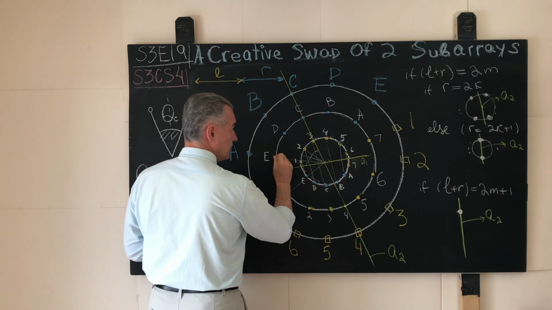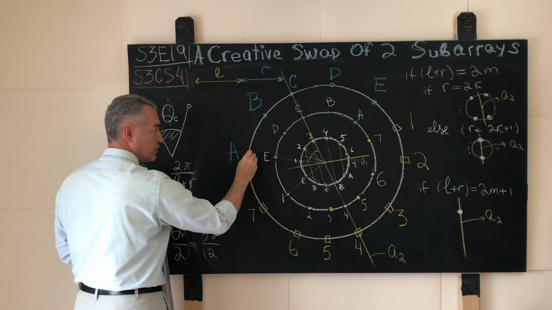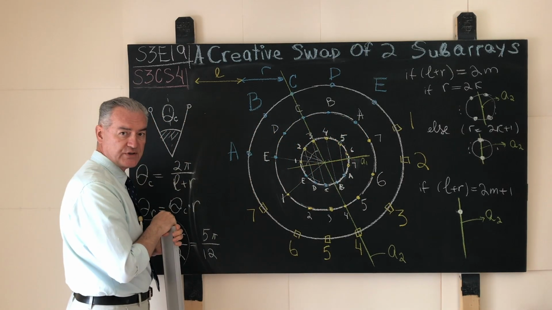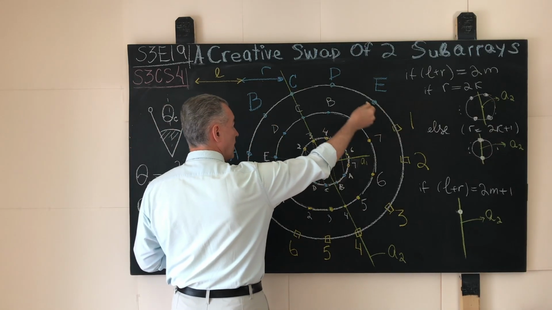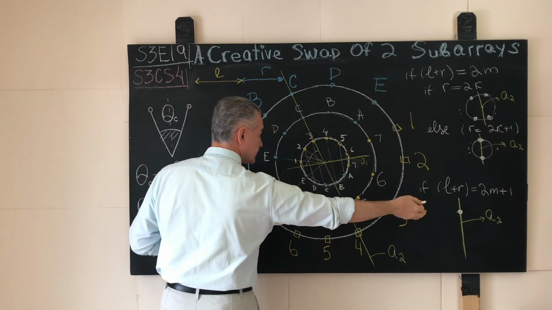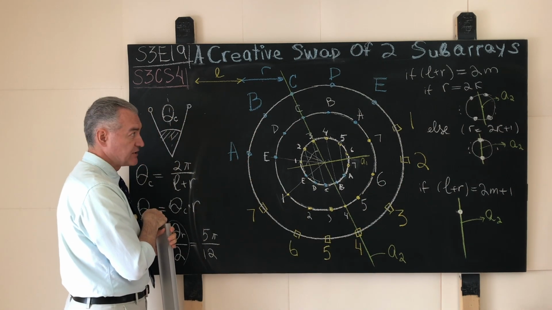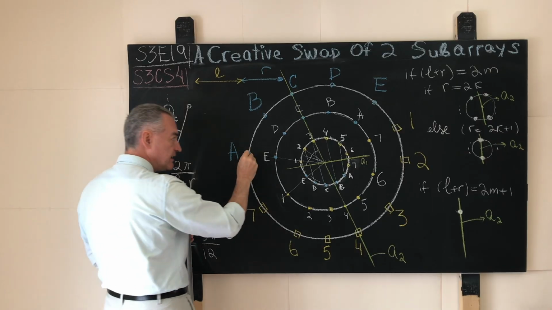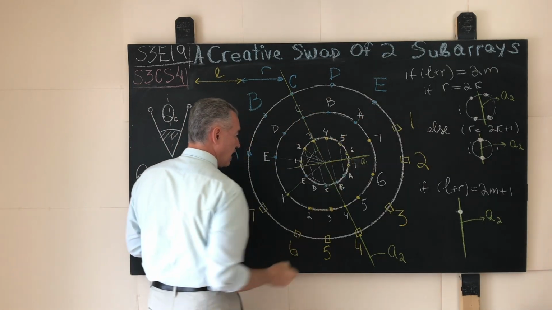So E goes into where A used to be, A goes into where E used to be. And look how beautiful things shake out already. A, B, C, D, E, boom. Our formerly right subarray is about to become the output left subarray, and importantly, in the same requested input order, A, B, C, D, E.